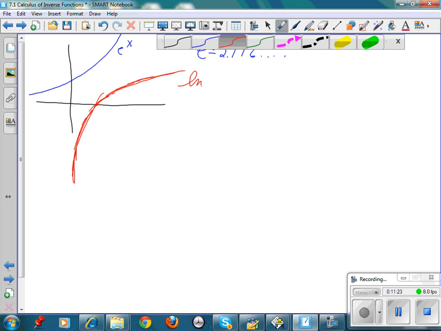This is the natural log. Very important functions that we'll use. That'll come up a lot. And I guess if I could go here, green. These are supposed to be symmetric, like mirror images across this y equals x function.